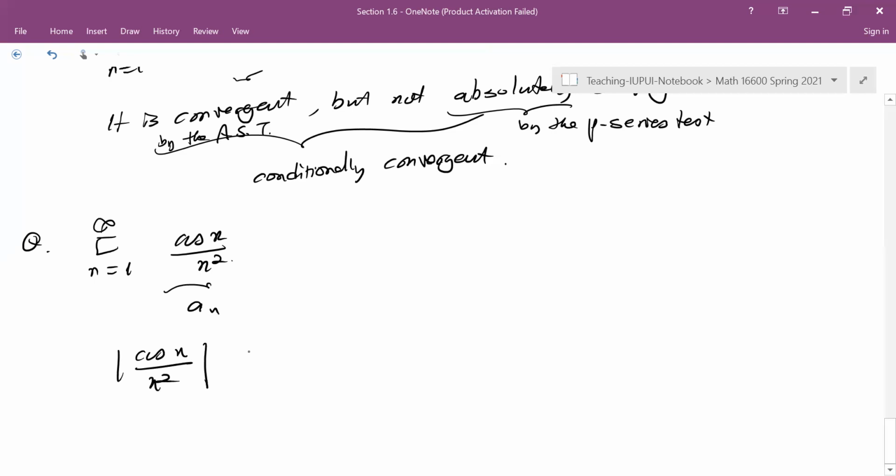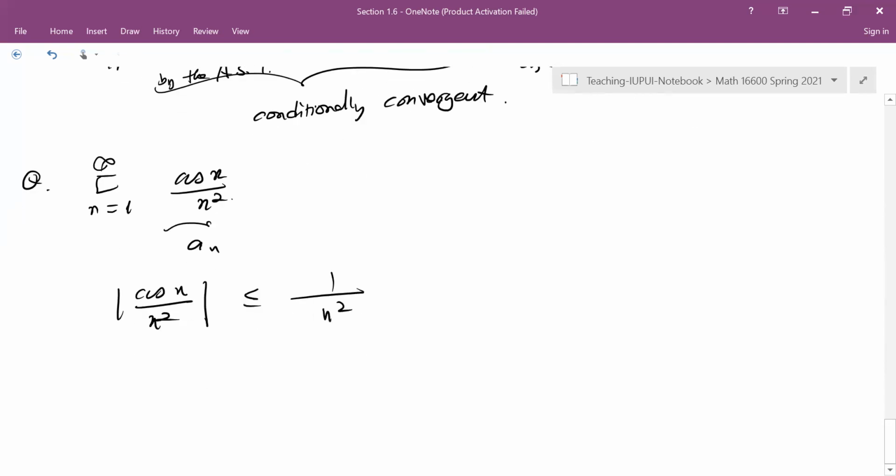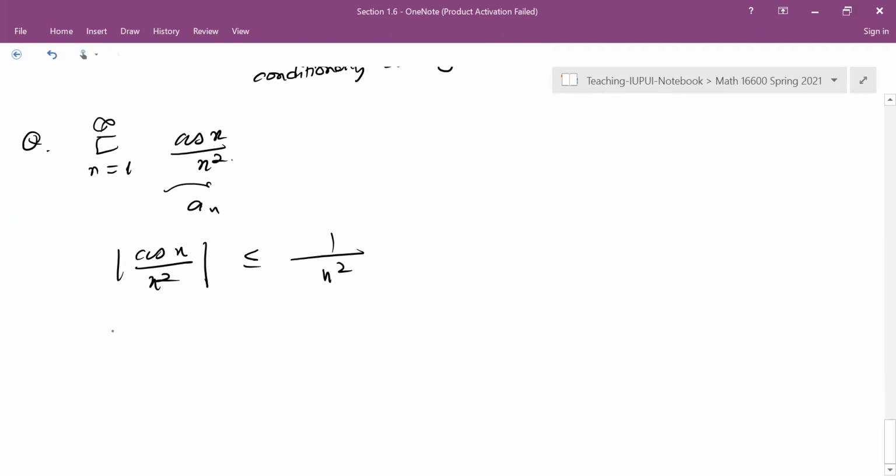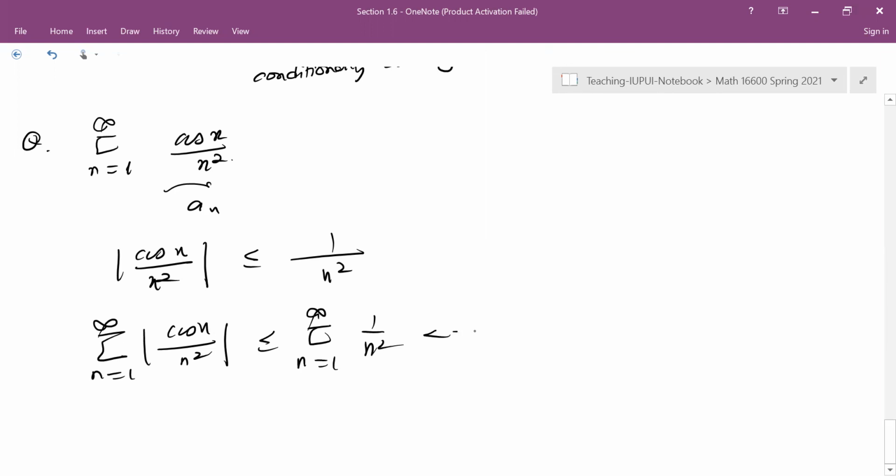So this is going to be less than or equal to 1 over n squared. By the comparison test, you have this inequality, and this side is finite by the p-series test.